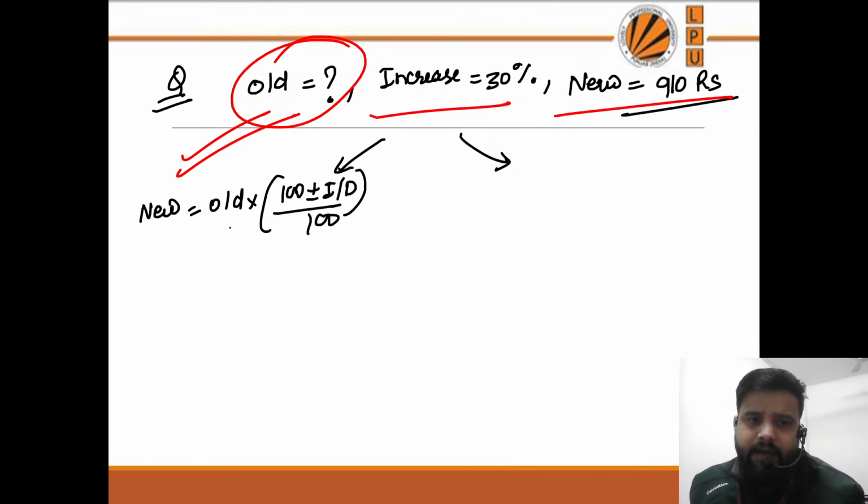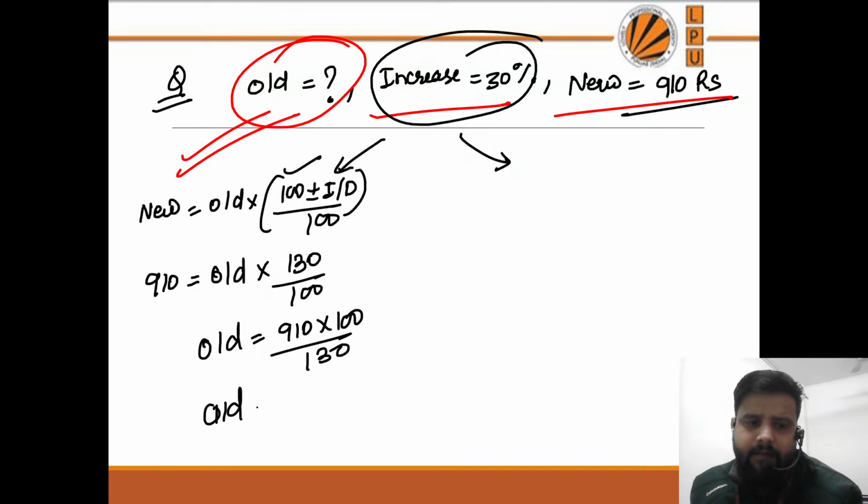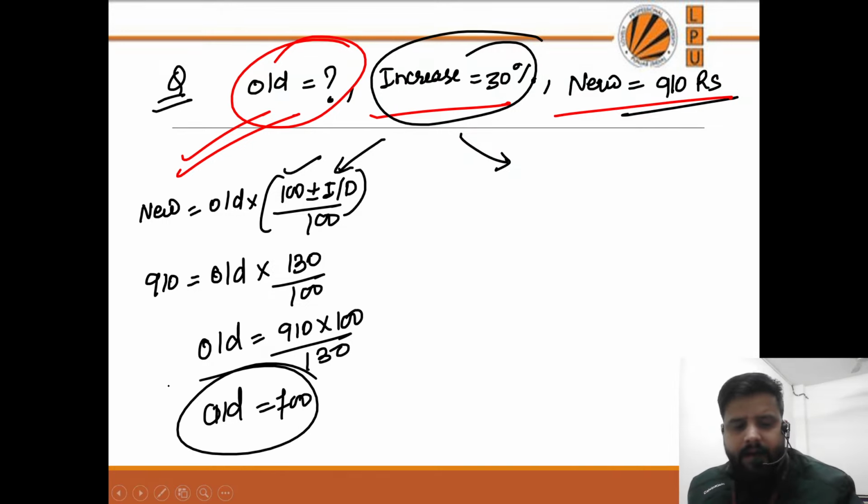So the new value is given in the question, so I'll write here 910, old is missing, and since here is an increase, I'll be adding it to 100. So I'll write 130 divided by 100. From here the old value will be 910 multiplied by 100 divided by 130, so the old value would be 700 rupees.